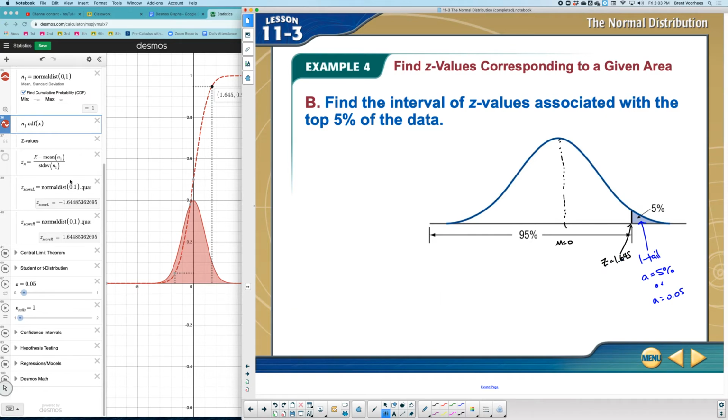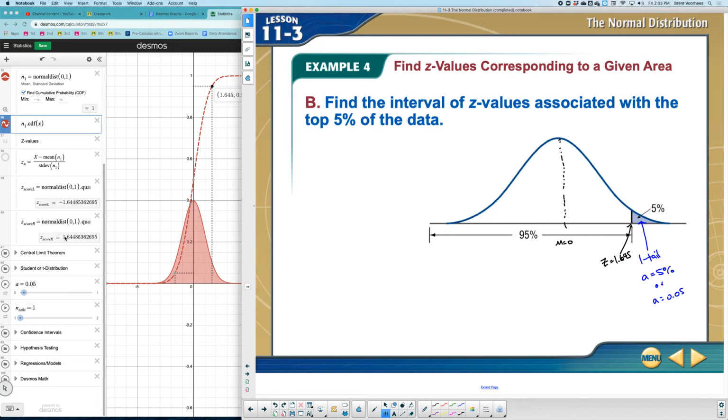Now let's come over here to the z-score and look at it. If you wanted the 5% on this side, that would be your number, negative 1.645. That's how they rounded it to the nearest thousandth. But to the nearest hundredth, it would be 1.64.